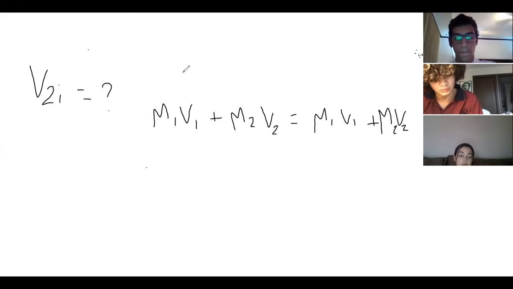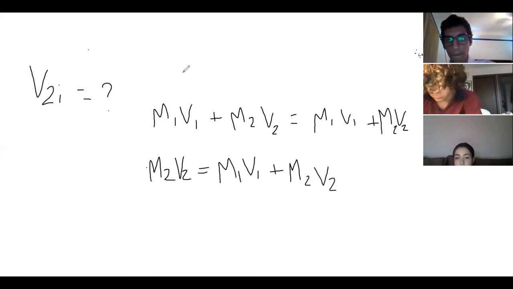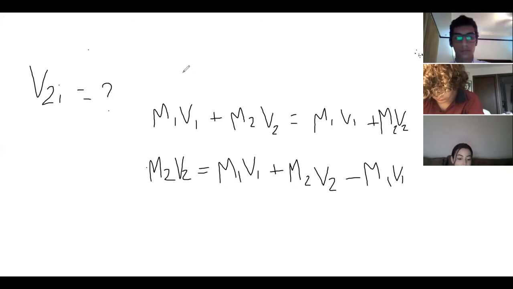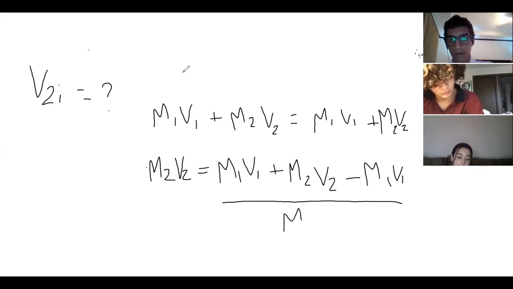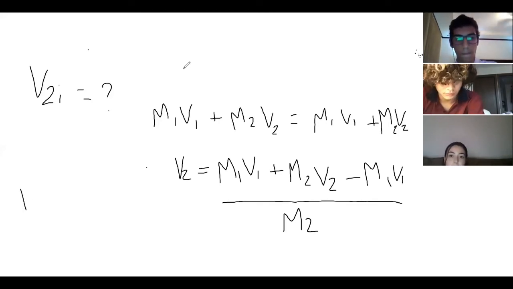So we get M1V1 initial and we move it to the other side by subtracting it. There you go. Now we take that M2 and move it to the other side by dividing. Perfect. Now we just input all of our given information and V2I should be 2 meters per second.